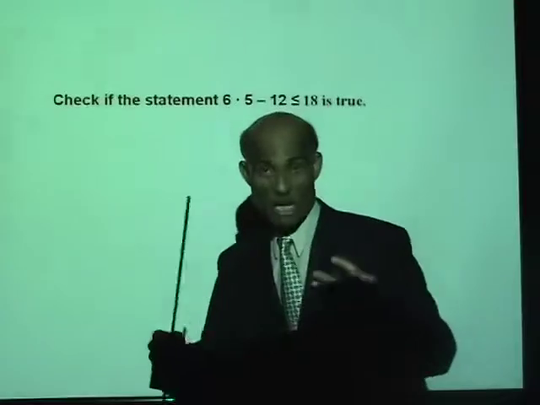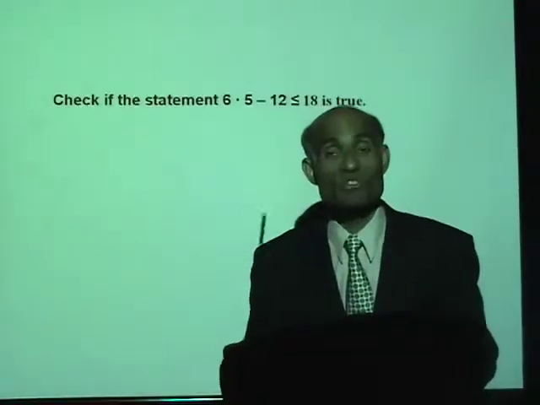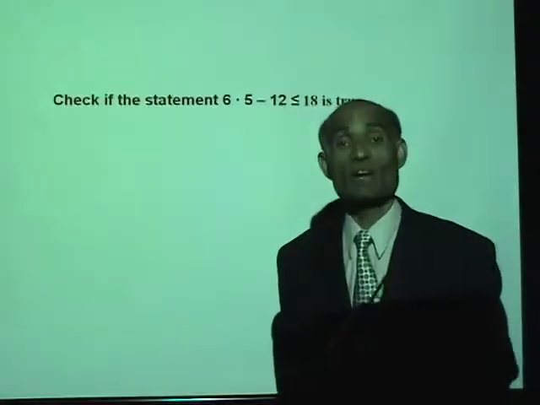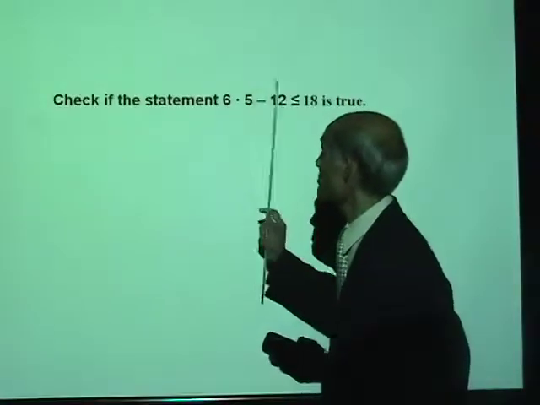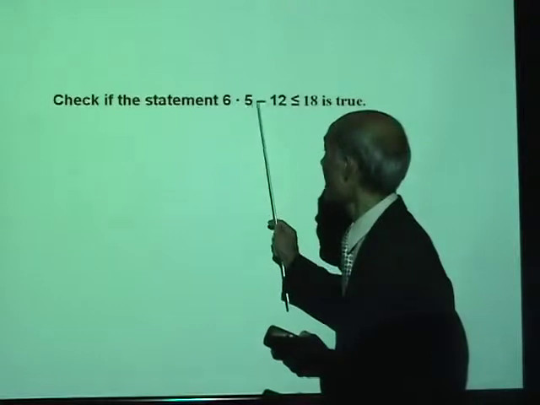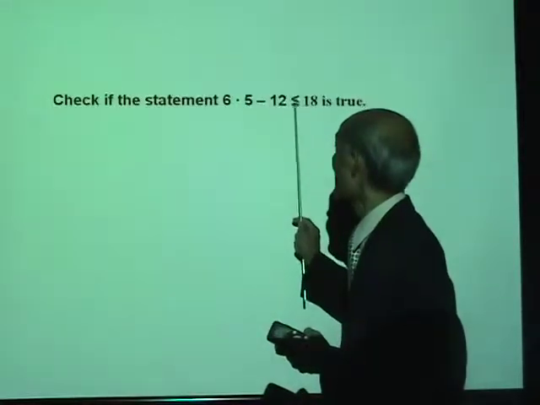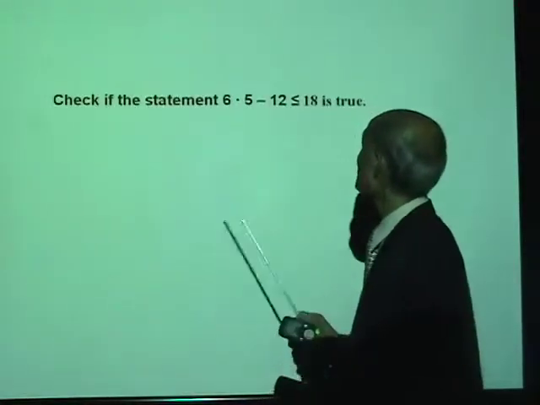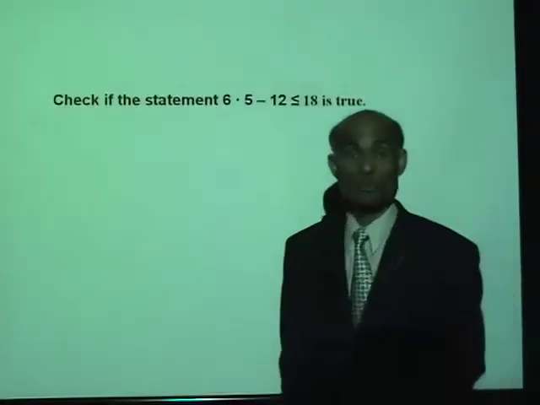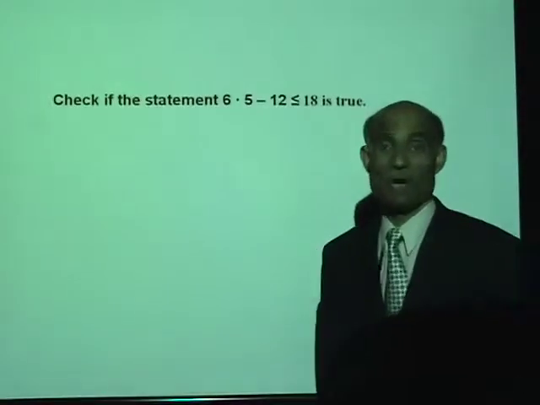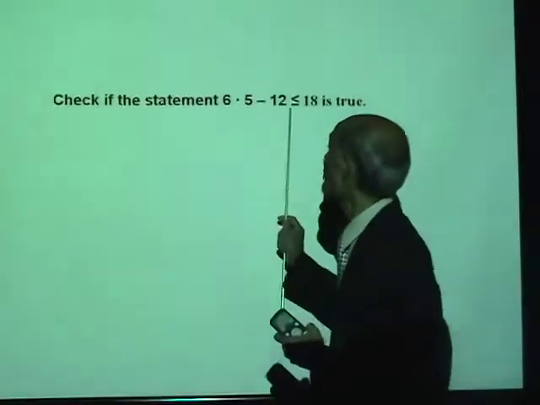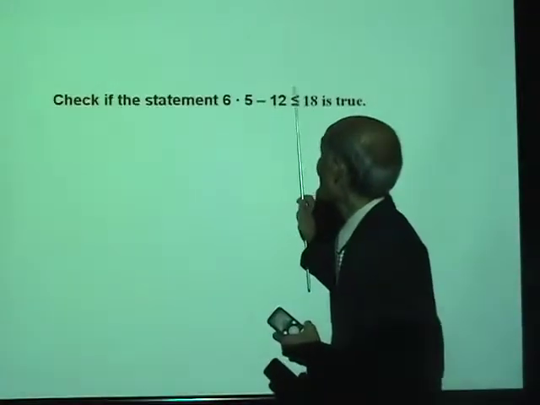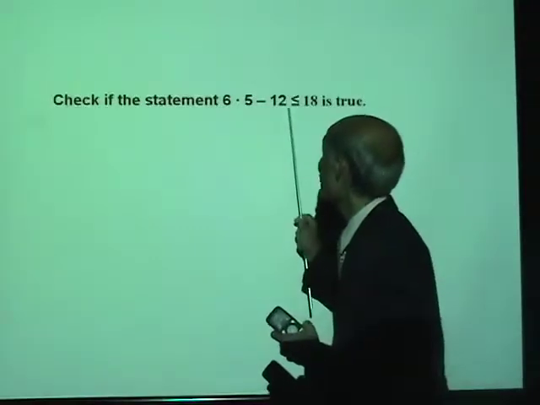Okay, let's do some checking to see if the statements that are made here are correct or incorrect. Check if the statement 6 times 5 minus 12 less than or equal to 18 is true. Well, first of all, we need to simplify this. Simplifying means simplify the left-hand side of the inequality.